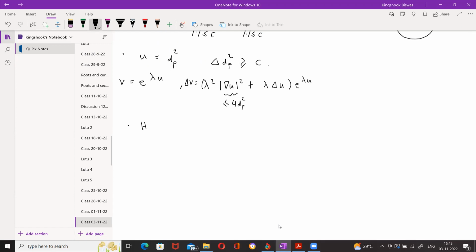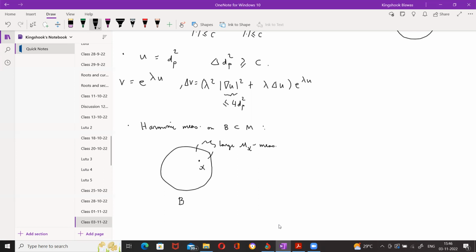Just to give you a feeling: here is the ball B, and here is the point X. The harmonic measure is going to assign more mass to the points which are close to X. So if X is close to the boundary, this part will have most of the harmonic measure concentrated near X. So this part will have large mu_X measure.